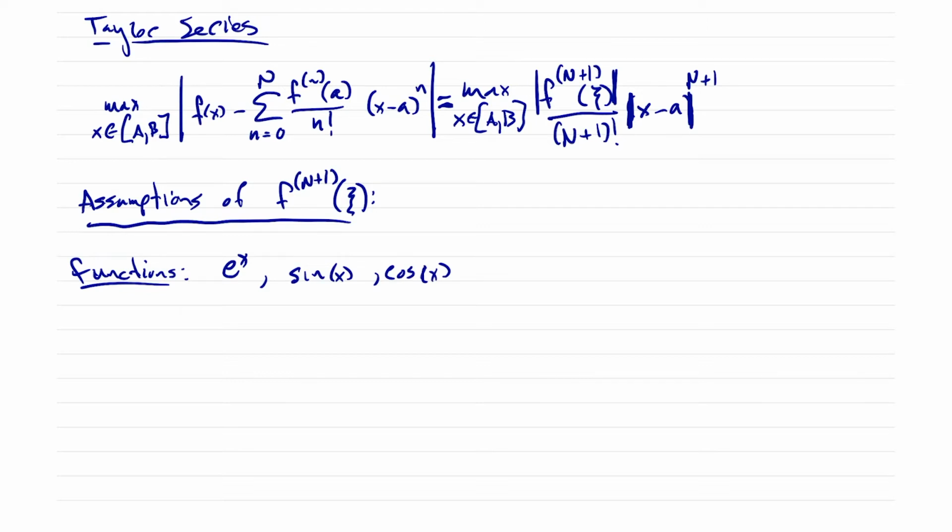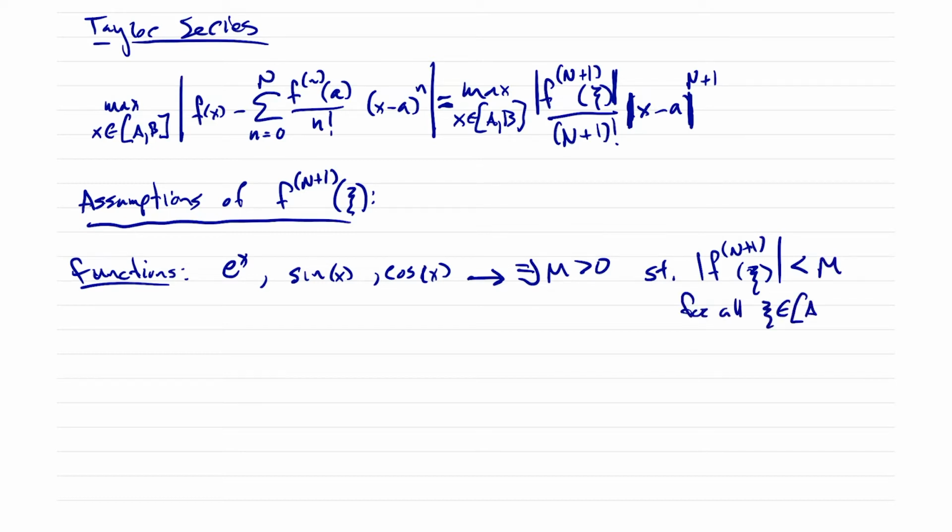And so basically, we can say that there exists an M bigger than 0 such that, say for e to the x, the (n plus 1)th derivative at c is less than M for all c in a bounded interval [a, b], and all n.